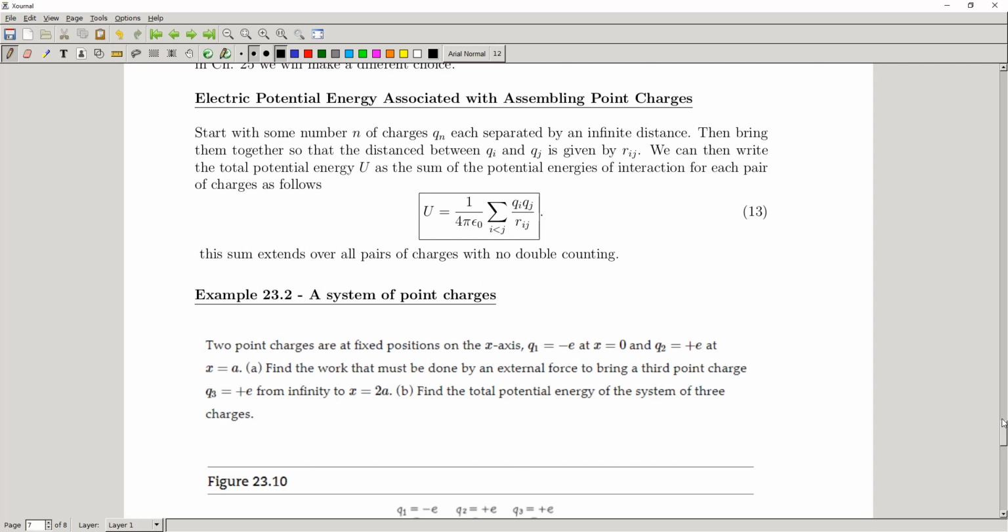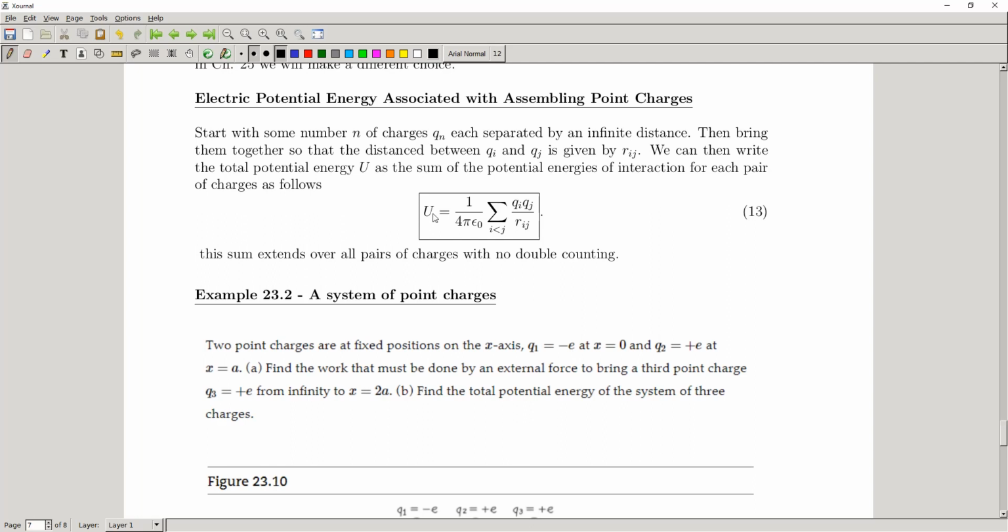Then we can write the total potential energy for the sum of all these particles put together, so the sum of the potential energies in this potentially macroscopic object made up of all these point charges. And the way we do that is to sum over all the individual pairs, right? And that's what this sum is doing here.